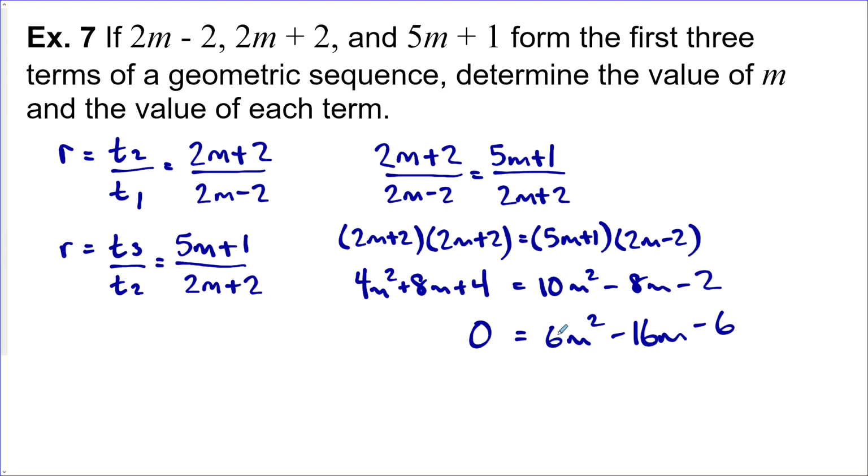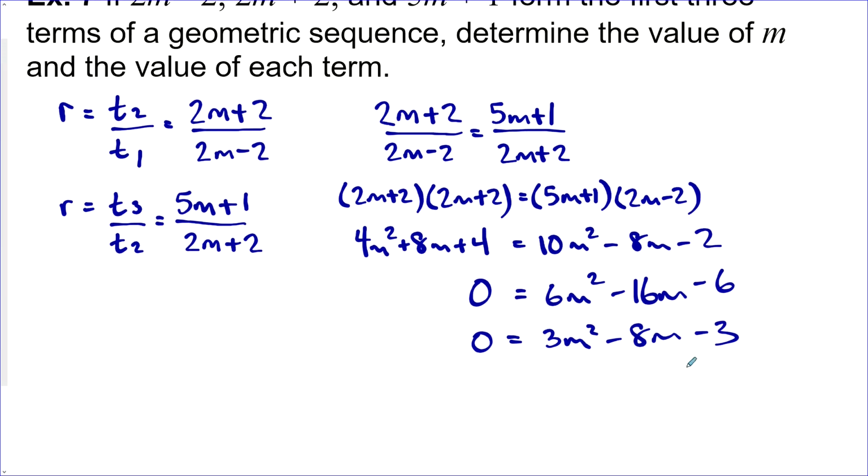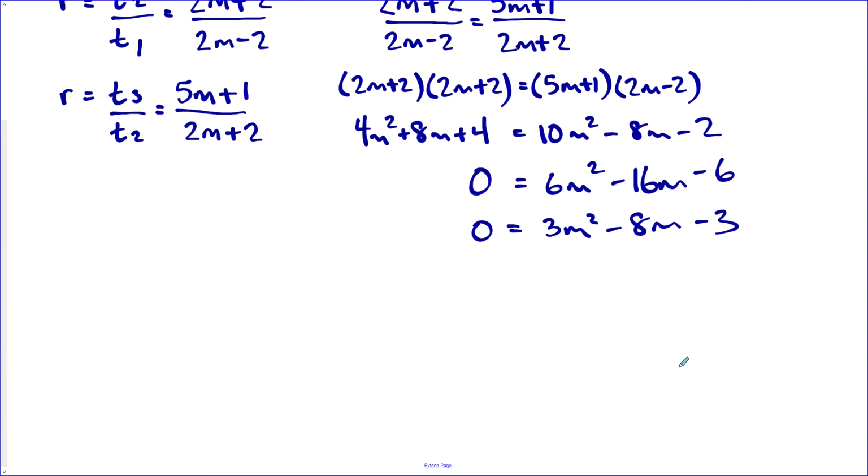Now, looks like I have a common factor here. So first thing I'm going to do is just simplify this quadratic by dividing everything by 2. So 0 is equal to 3m squared minus 8m minus 3. And that quadratic is hopefully easier to work with. Now let's see if we can factor this.